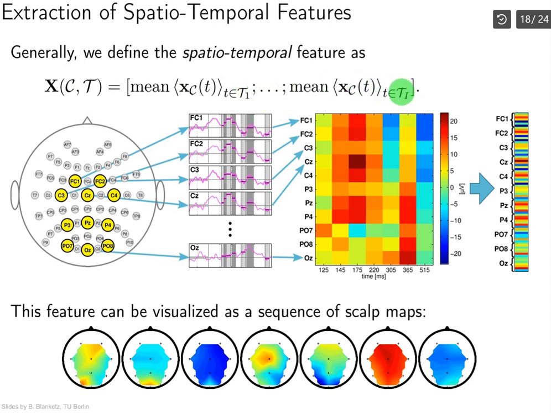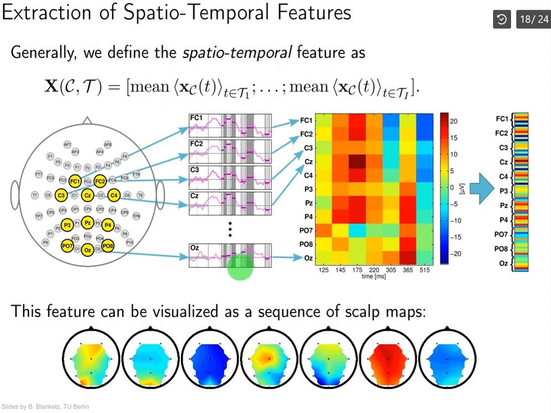Each averaging across channels will represent a spatial feature at T1, T2, T3, and together they will represent a temporal feature. So we have features from space and time.